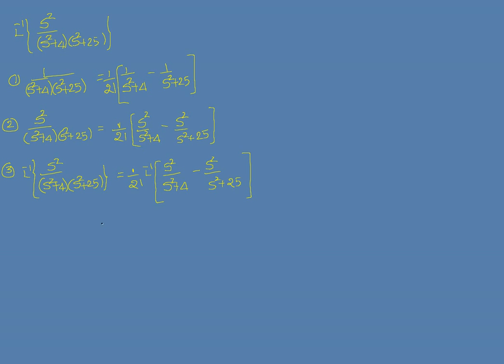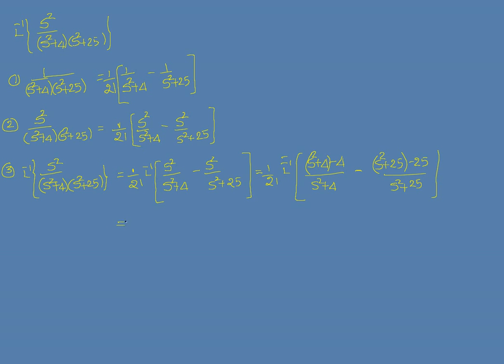Okay. This you can write as 1 by 21 into L inverse of s square plus 4 minus 4 by s square plus 4 minus s square plus 25 minus 25 by s square plus 25.